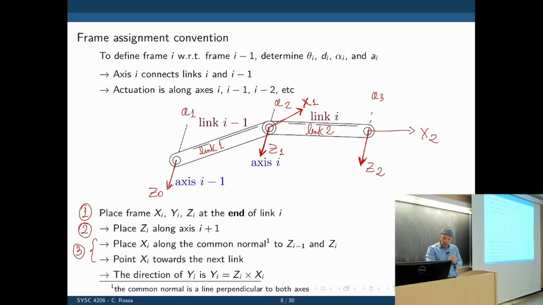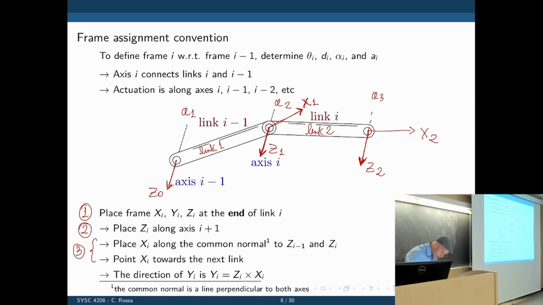And then the last one is the direction of Y. And the direction of Y, we can't choose it. It's simply determined by the cross product of Z and X. So let's take the middle one, X1. Z goes to the front, X1 goes that way, so Y goes up. Y1 goes up, at a 90-degree angle with X1, right?